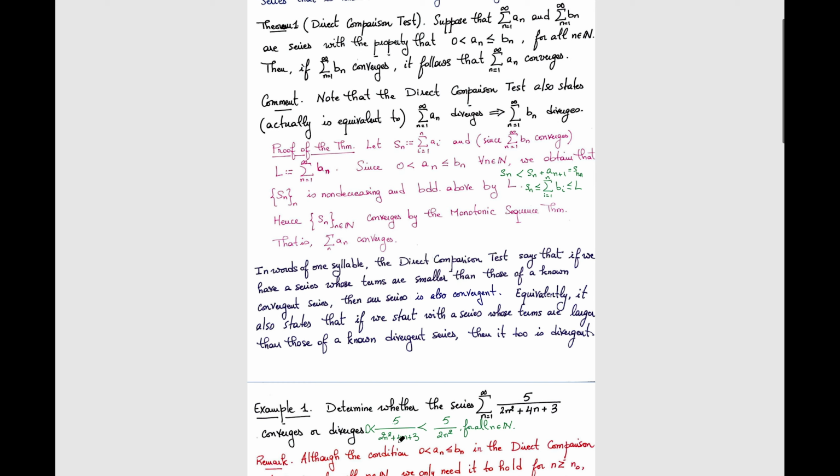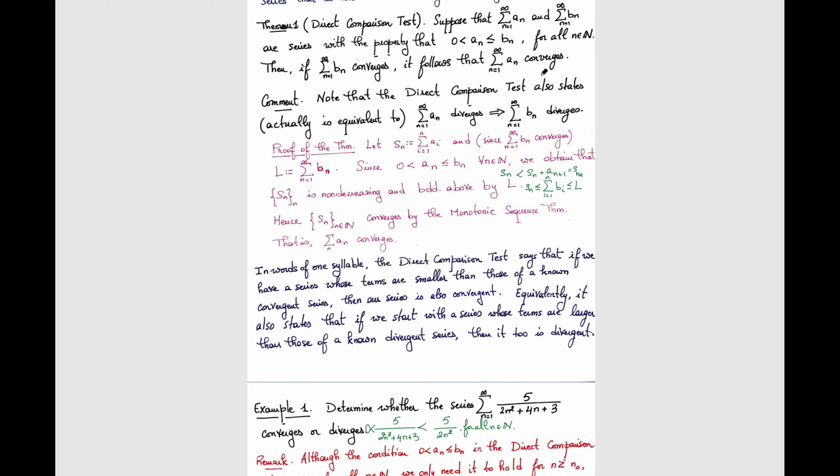Namely, I'm talking about this being an and this being bn, right? You're going to tell me, oh, I have less than or equal here. Well, this is smaller than that, so certainly this is smaller than or equal, right? No problem with this. We can just erase it.